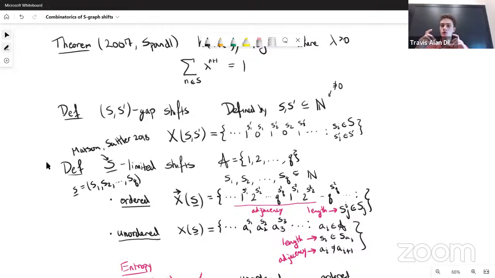And it turns out that you can use the theorem that they proved to show that every S-graph shift and all of its vectors are intrinsically ergodic. Is this paper called something like intrinsic ergodicity beyond specification? I think so. Yeah, that's the one. Okay, cool. Yeah, and so you can just use that result, and the proof is not so hard. It's a very simple application of this result, and it gets you the result.